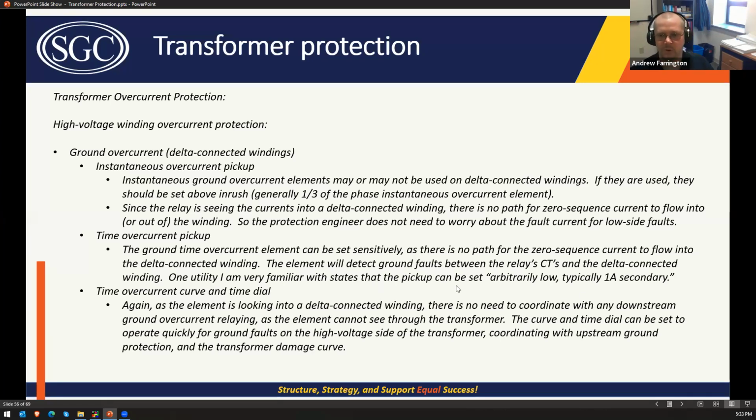A utility I'm familiar with sets theirs, quote unquote, arbitrarily low. They just say 1 amp secondary, and you can set it low and fast, and it'll detect ground faults in that small zone of protection. And then again, for the curve and time dial, you have to compare those to your upstream and downstream protection and the transformer damage curve.